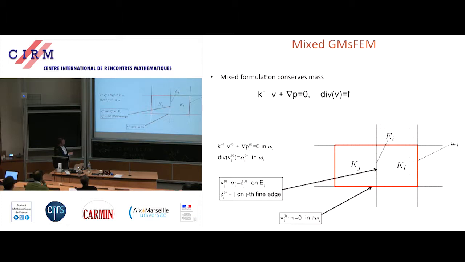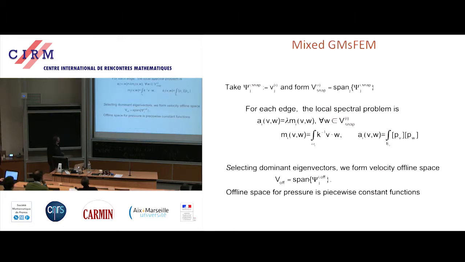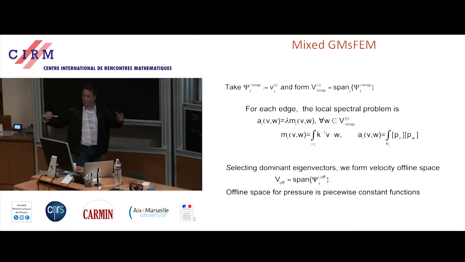And from these snapshots, we construct the multiscale finite basis functions. And as before, from the snapshots, we solve an eigenvalue problem that corresponds to the mass matrix. If the mass matrix is evaluated this way, that is, putting the inverse of the coefficient and just the jumps on the pressure, we obtain the dominant eigenvalues with which we describe the velocity, and the pressure is going to be piecewise constant over the coarse scale.